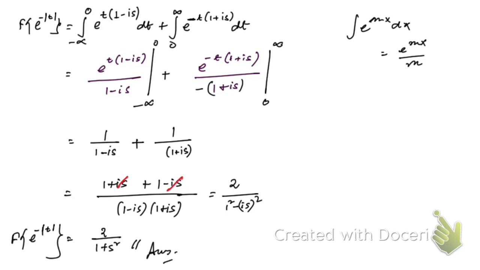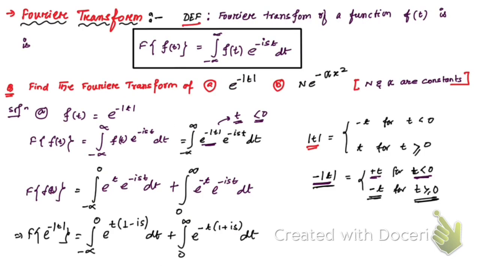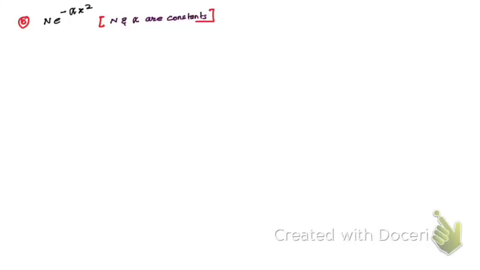So now let's go to the next function. So we have solved this one, right? Now let us solve this one. Okay, let me take a new slide. So now let's find the Fourier transform of this.